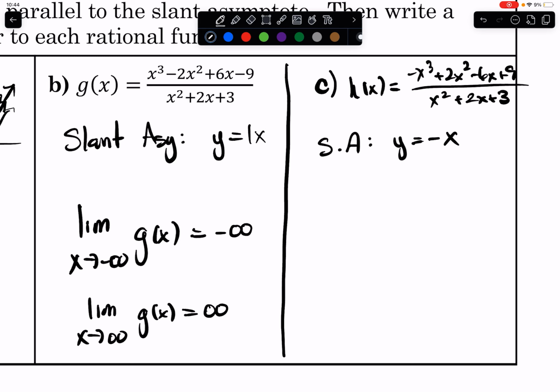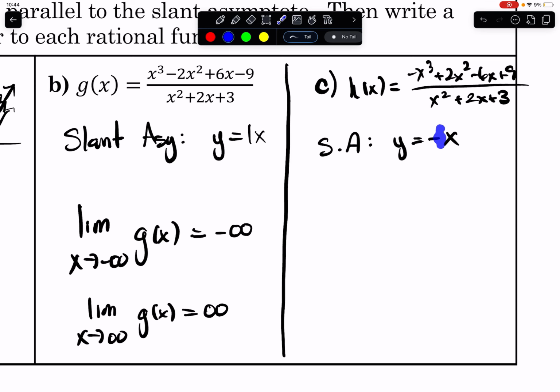And well, since our slant asymptote is going to have a negative, it's going to be parallel to this first of all, right? This is not the equation of the slant asymptote. This is just the equation of the line that's going to be parallel to the actual slant asymptote.